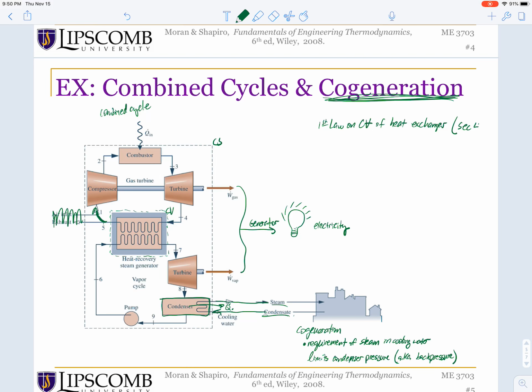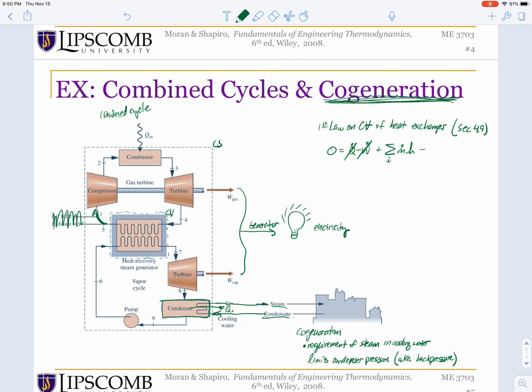Again, this connects to section 4.9 back in your textbook with the usual assumptions that I've been working with. Negligible heat transfer, negligible work, energy being brought in by the fluid through internal energy and flow work, and energy being carried out by the fluid.